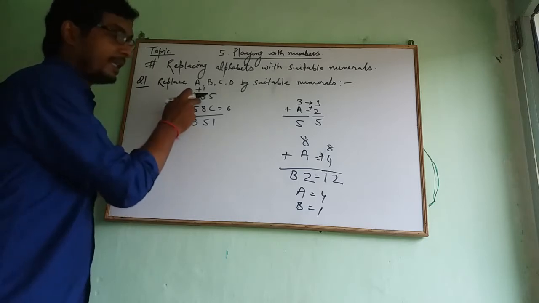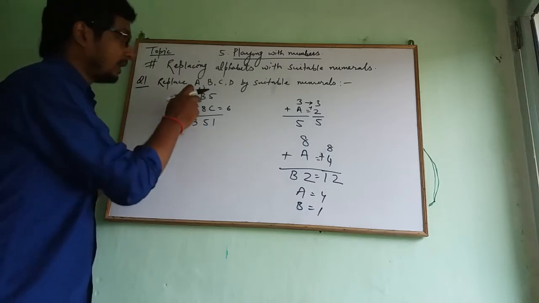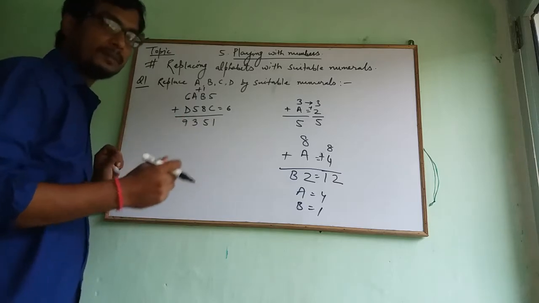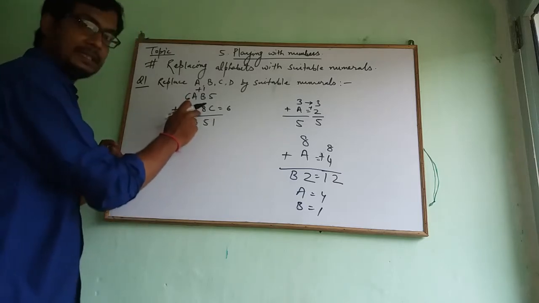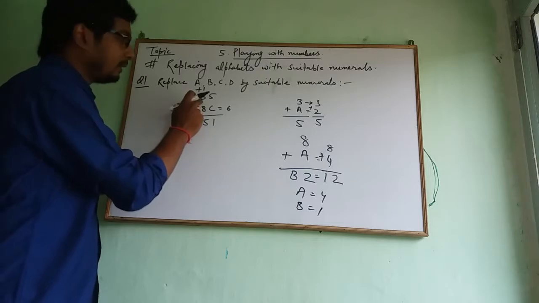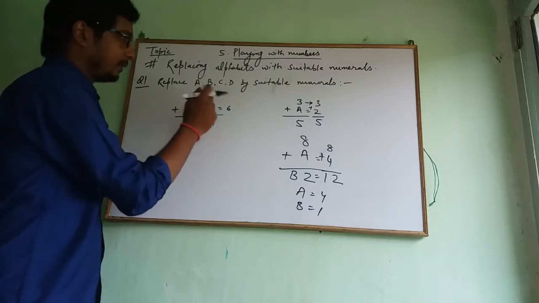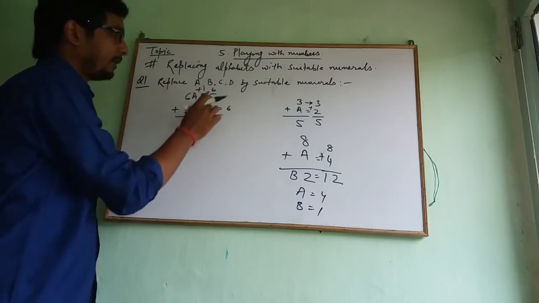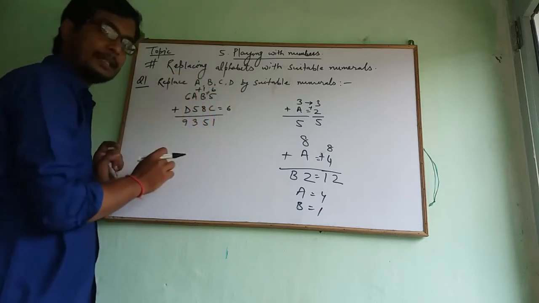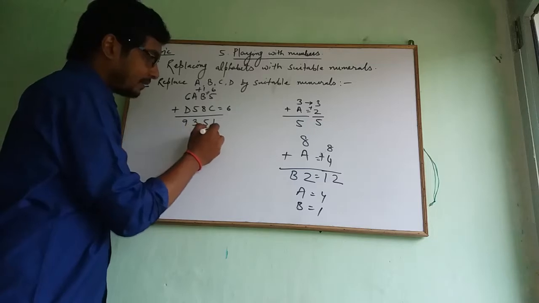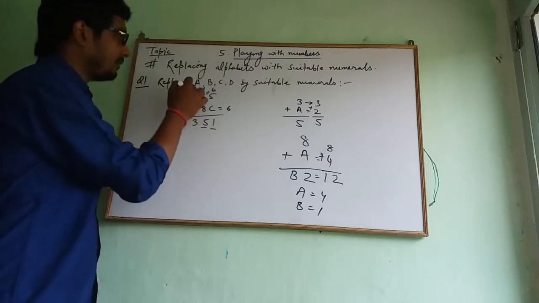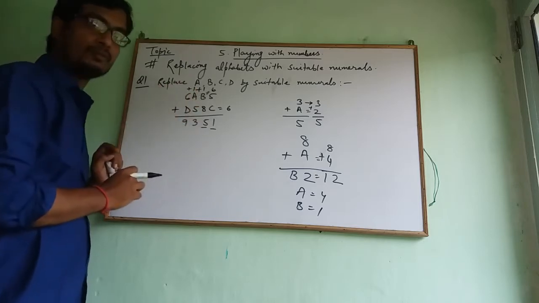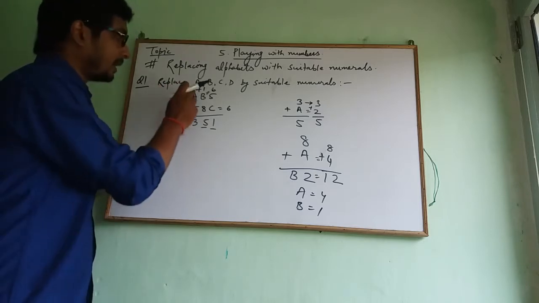Now what must be put in place of B so that my answer in the tens digit will be 5? Already 9 is here. If I put B as 6, then 6 plus 8 is 14, plus 1 is 15. So my answer is 5 here. Now again 1 will be carried here. Now 1 plus 5 becomes 6.